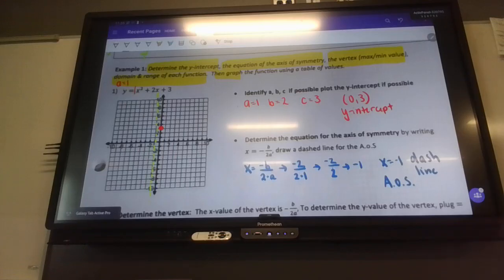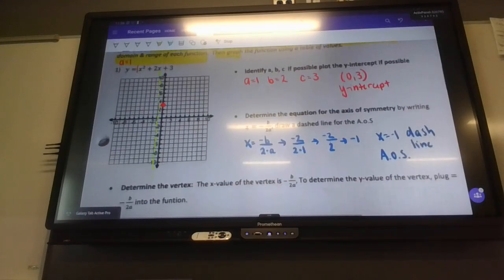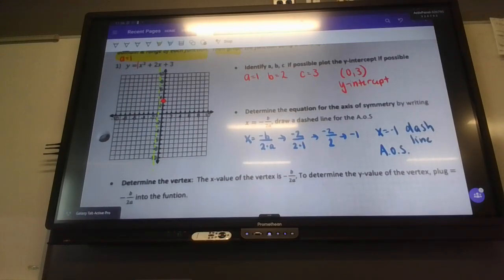And that'll be our line of reflection. Okay, so it's like step 1, step 2. Are we ready for step 3?